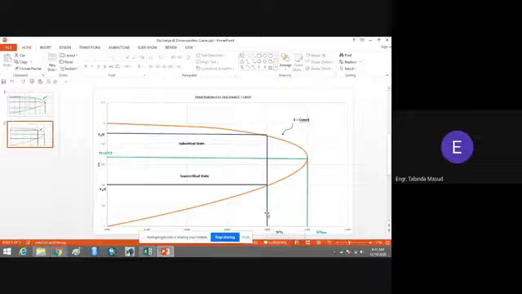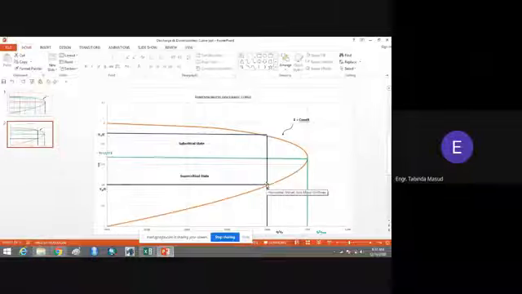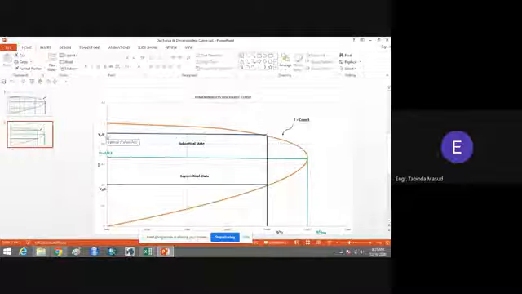Now corresponding to this, if we extend a line from 0.8, you can see that it touches the lower limb as well as the upper limb. For the upper limb you will get the value Y1 divided by E, and for the lower limb you will get the value Y2 divided by E, and from here you can find that one of them will be in the subcritical state and the other will be in the supercritical state.